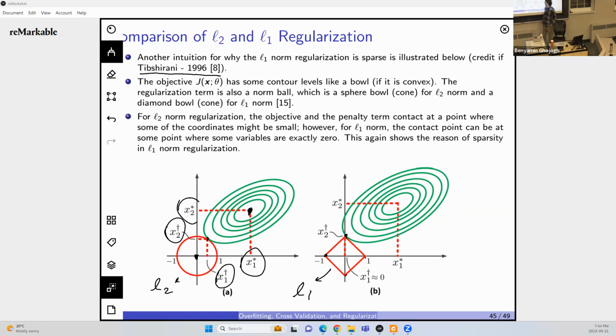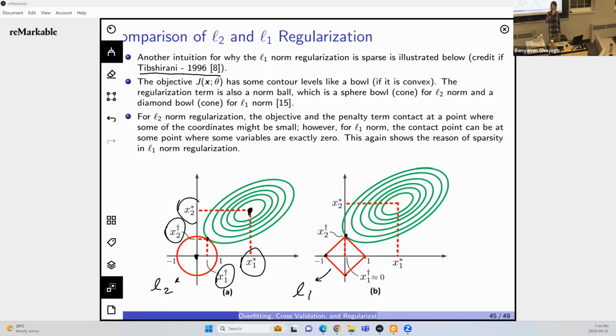Therefore, do you agree with me that when I have sharp edges and I bring a balloon close to it, with high probability the balloon will touch a sharp vertex? And this probability increases if we increase the dimensionality. Here in 2D, I have 4 corners.